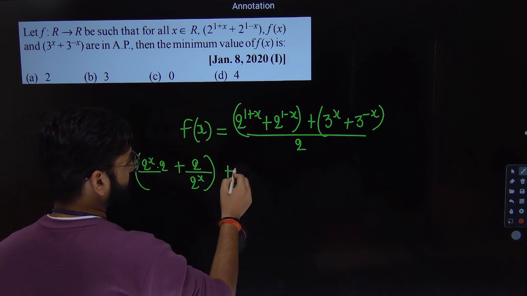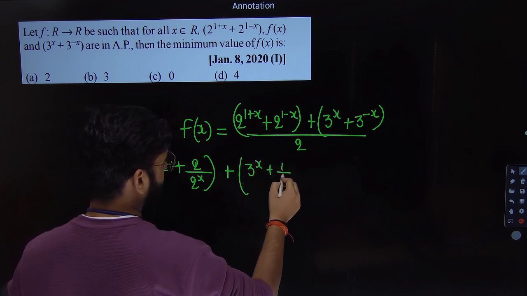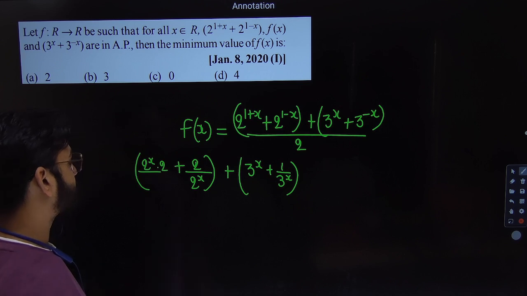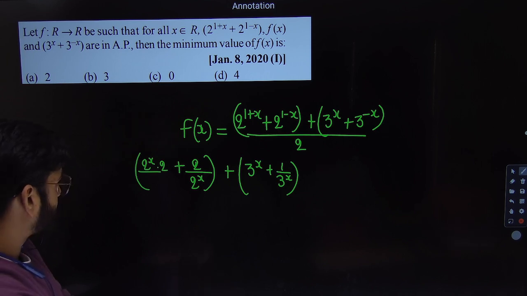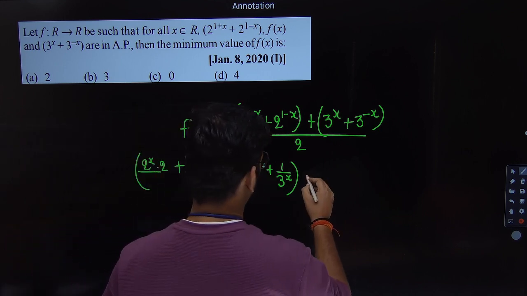Next. This is 3 to the power x plus 1 by 3 to the power x. So what can we take common from here? 2.